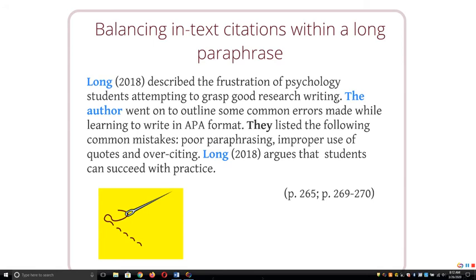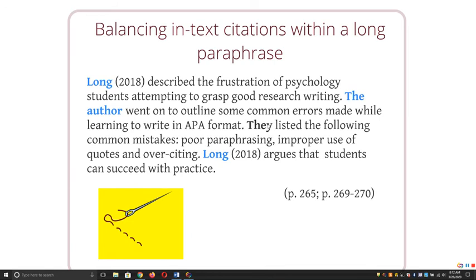They listed the following common mistakes. Long 2018 argues. And so you can see here, especially with the author went on and they listed the following, that we're maintaining that thread throughout the entire paragraph. So we're not actually having to do an in-text citation on every single sentence.